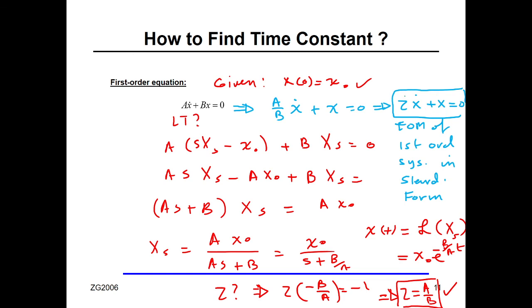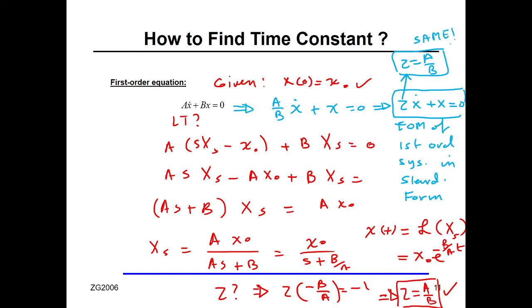Because from here you can know directly how much tau is. How did we get it from here? It's a over b. Is it the same or not the same? A over b, it is the same. See how much less effort it is to get tau from here.